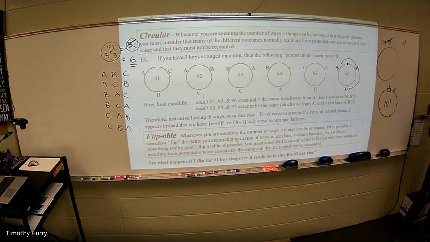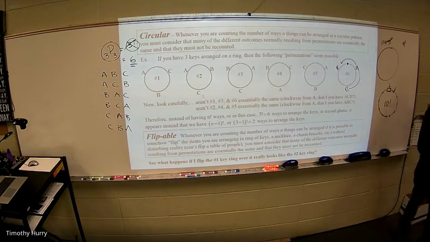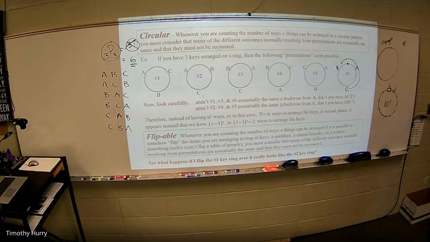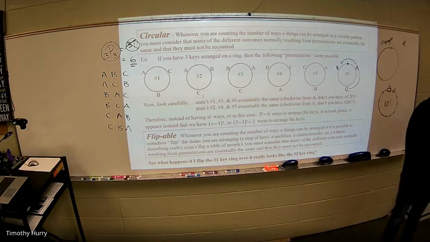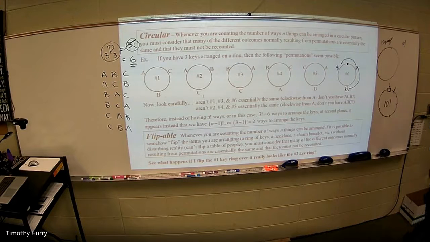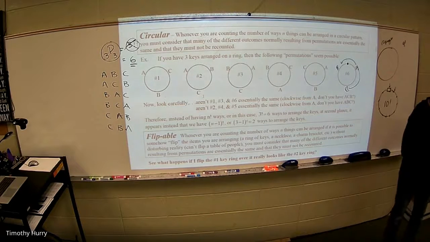All right? Now, what if the situation is circular perhaps, but I could flip it as well, like a necklace? I know a lot of things that you put on a necklace may be pretty on one side and not pretty on the other. If you're wearing some jewel or something, a lot of times if you were to take your necklace off and flip it and put it back on, you're looking at the back, right?